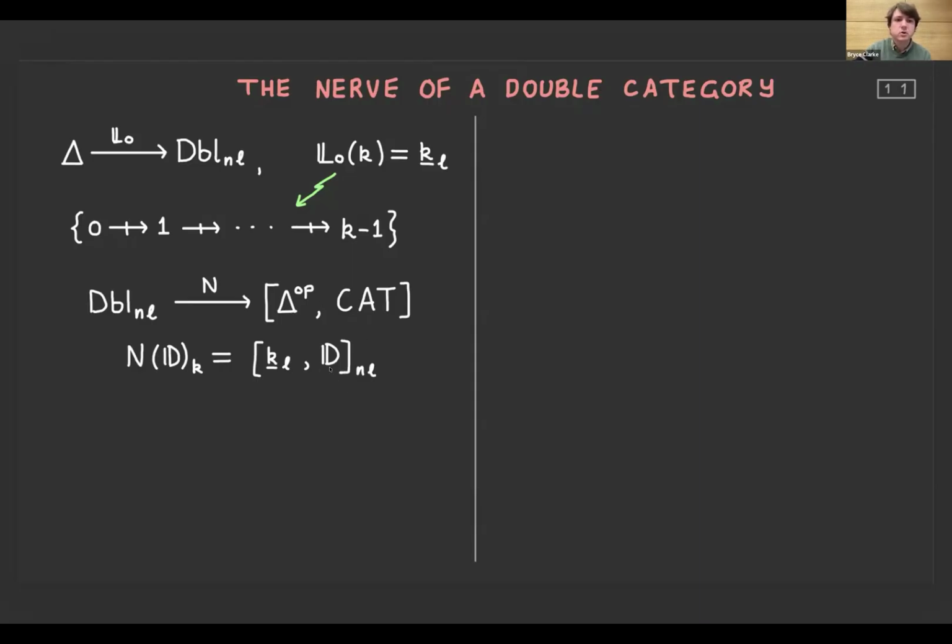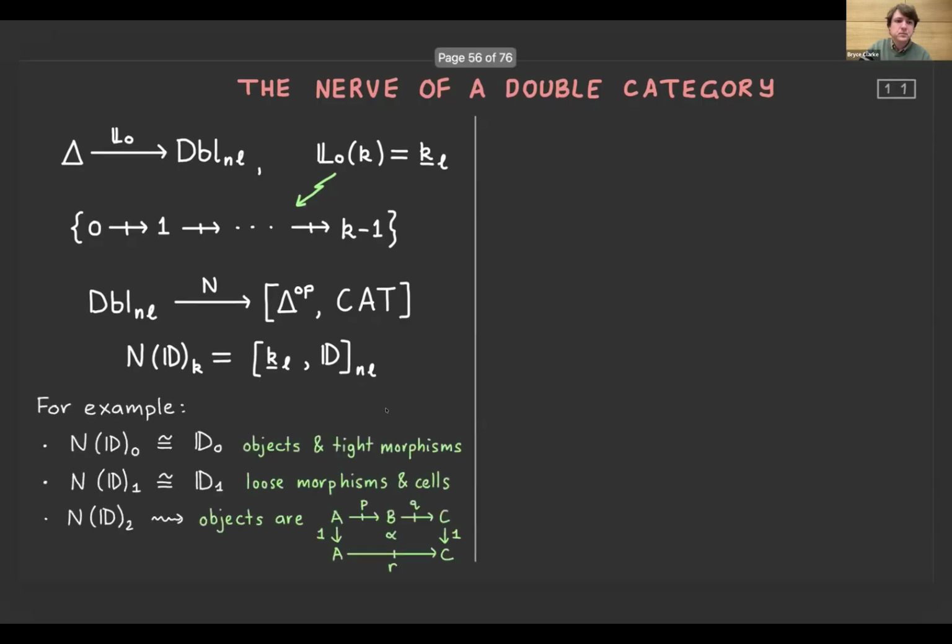Okay, this is just the internal hom, the category of DBL and L. Okay. And so, for example, if we look at the 0 level, we just get the category D naught of objects and type morphisms. If we look at the first level, we get loose morphisms and cells. And if we look at the second level, we get, well, a category whose objects are cells like this.